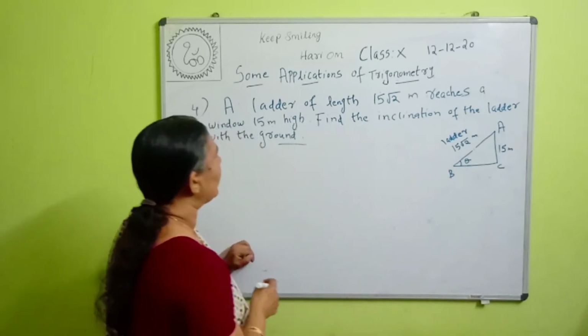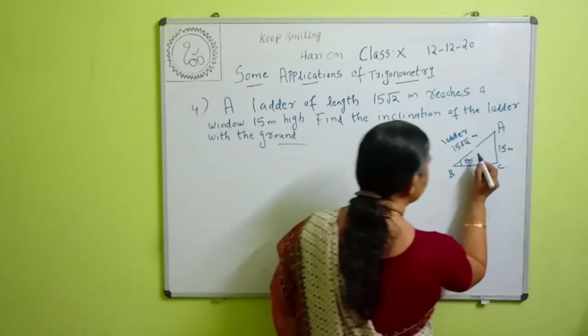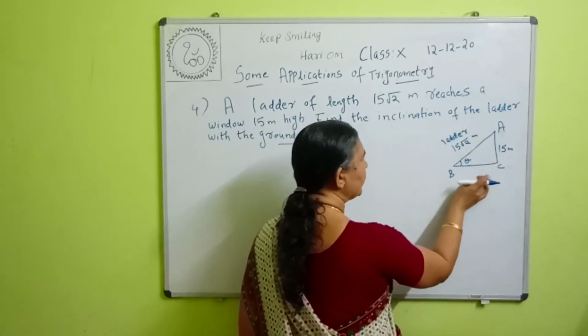Then find the inclination of the ladder with the ground. That is, you are asked to find the angle. This inclination means you are asked to find the angle theta.